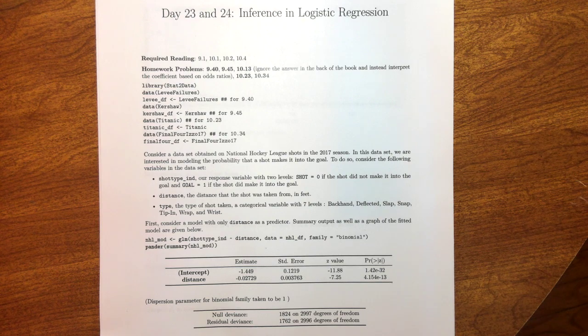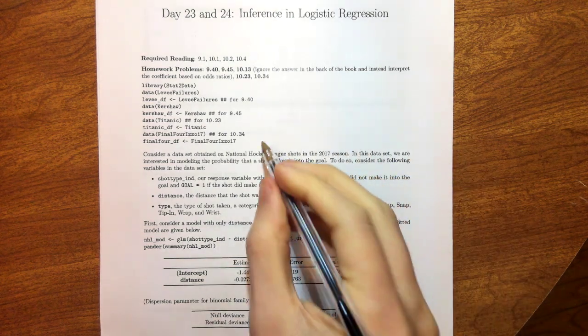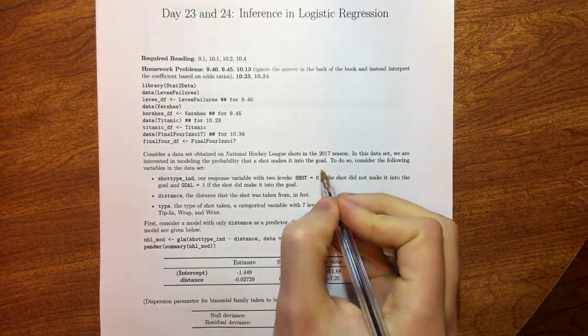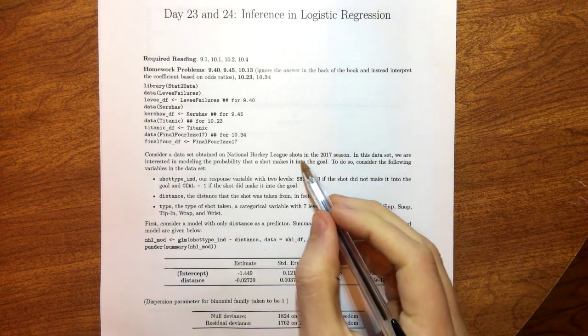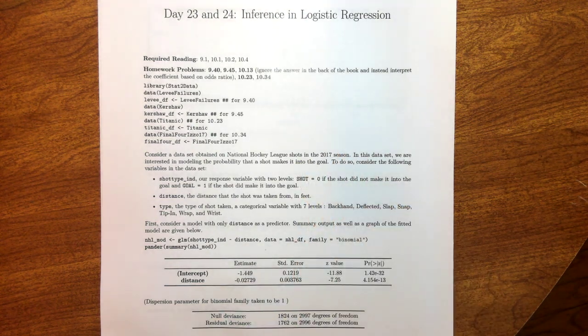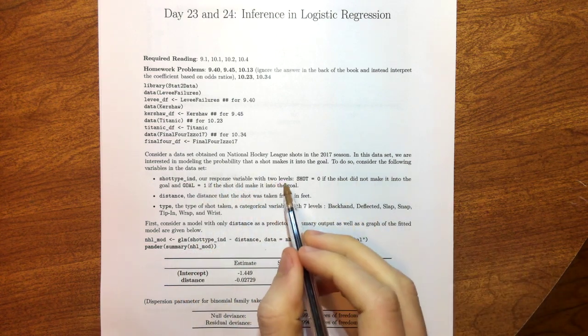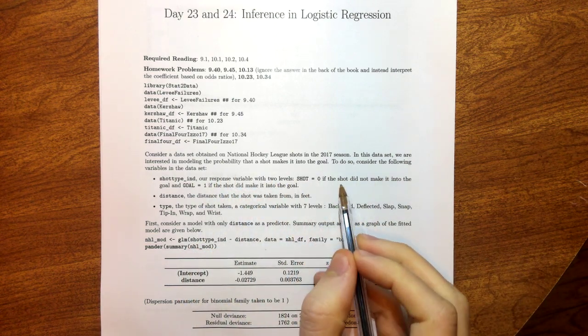So for this set of notes, we're going to be using this data set from the National Hockey League, or the NHL. This data set has observations on a bunch of different shots that the players took. What we're interested in doing is modeling whether or not the shot went into the goal.